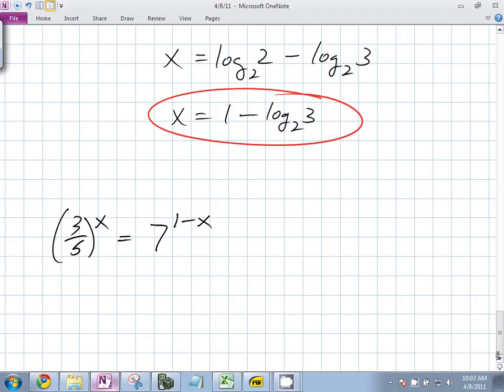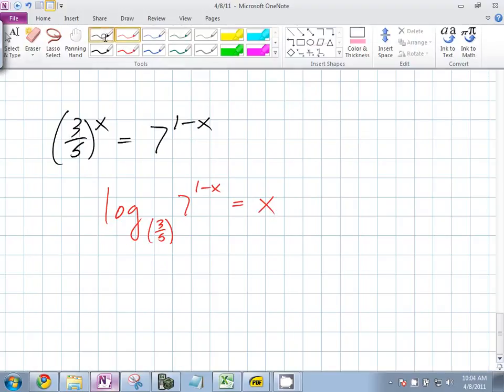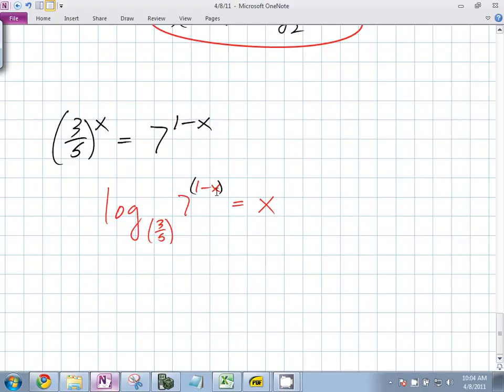Okay, so what is the log form? Log base 3 over 5 of what? 7 to the 1 minus x is equal to what? Nice. Good job. She translated it into log form. That is excellent. So what'd you do now? Now what can you do? I moved 1 minus x to the front. This is great. Good job.